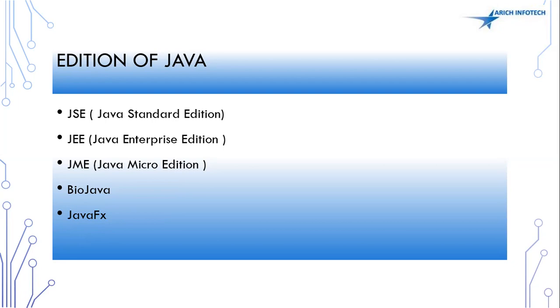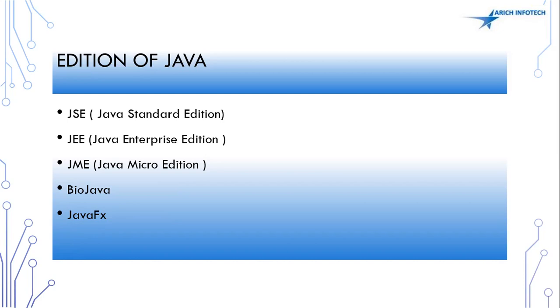JSE, Java Standard Edition, we also know as core Java. JEE, Java Enterprise Edition, we also know as advanced Java. JME, Java Micro Edition. So first, JSE: if you want to develop console applications or desktop applications, we use JSE, Java Standard Edition.